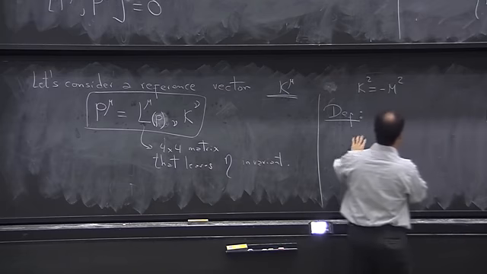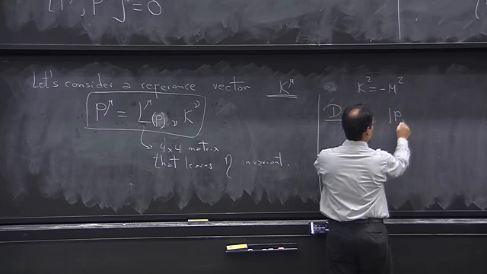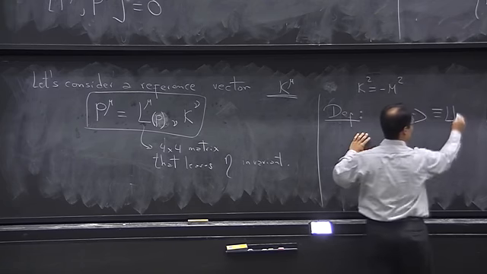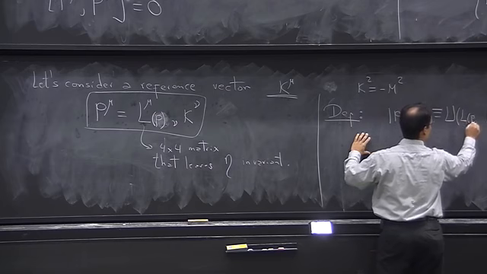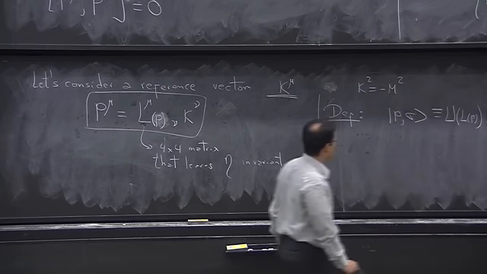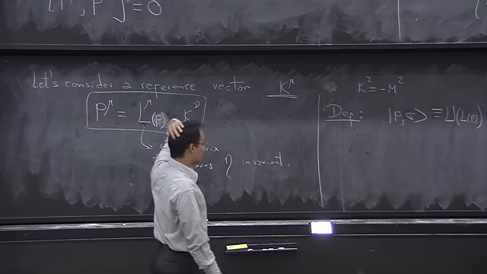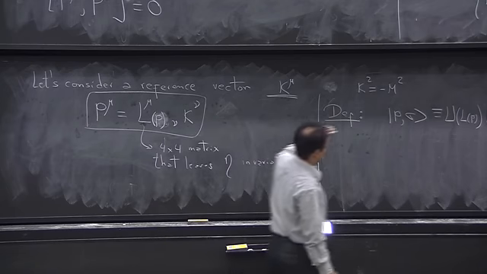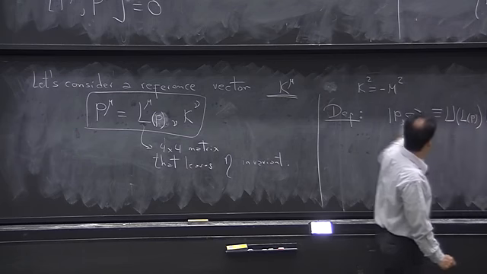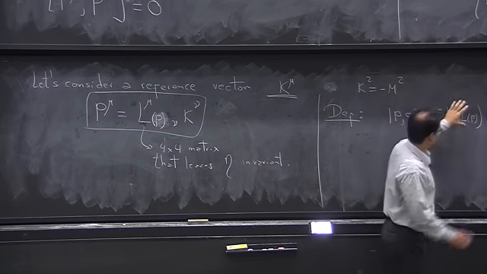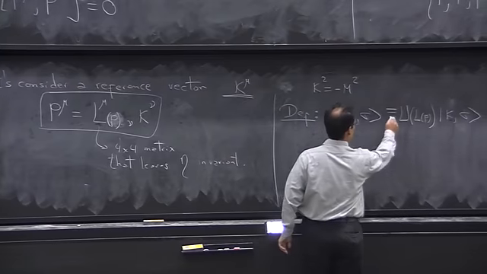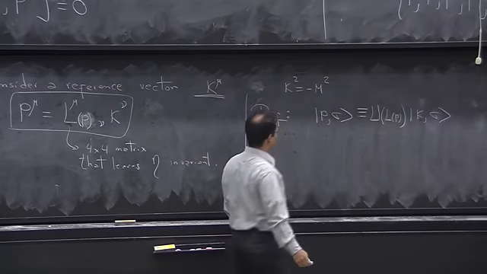And we want to define our state p sigma to be u of L(p), acting on our state k sigma. Okay? So that's the good thing about defining a reference vector, that we can now define everything else with respect to it by applying Lorentz transformations to it. So this is a definition of what we're going to mean by these states.